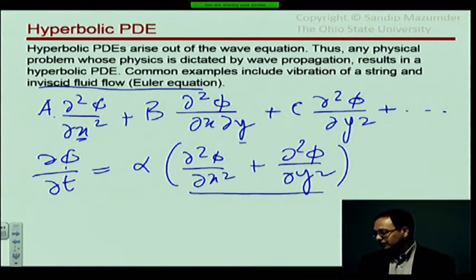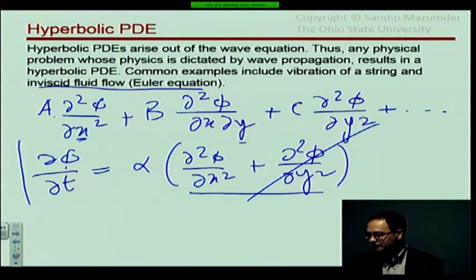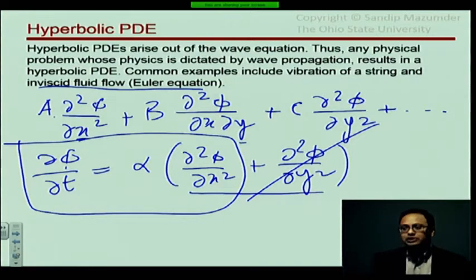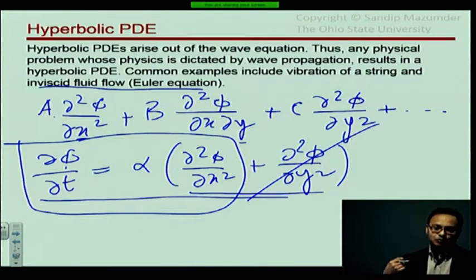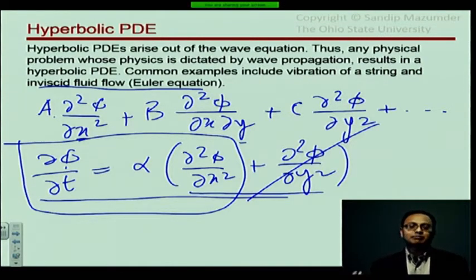But if you strike that out, the rest of this equation is parabolic in time. So when people classify these kinds of equations, they add qualifiers, saying it's elliptic in space and parabolic in time, rather than saying it's an elliptic or a parabolic equation, because it has both characteristics, depending on which of the independent variables you use to classify it. If you use x and y, then it's elliptic. If you use just time and x or time and y, then it's parabolic.